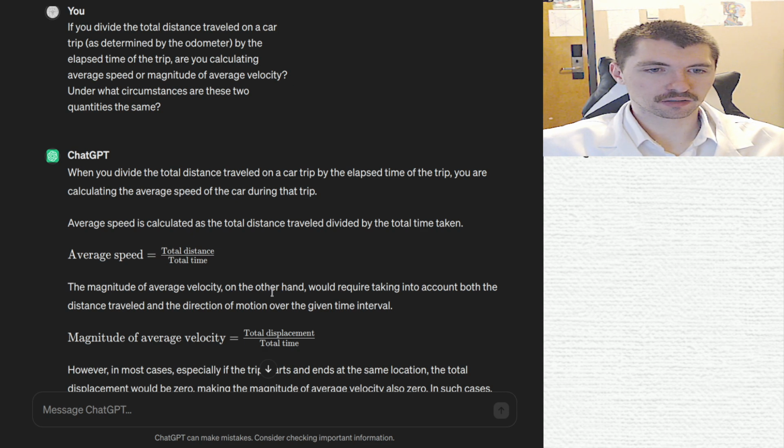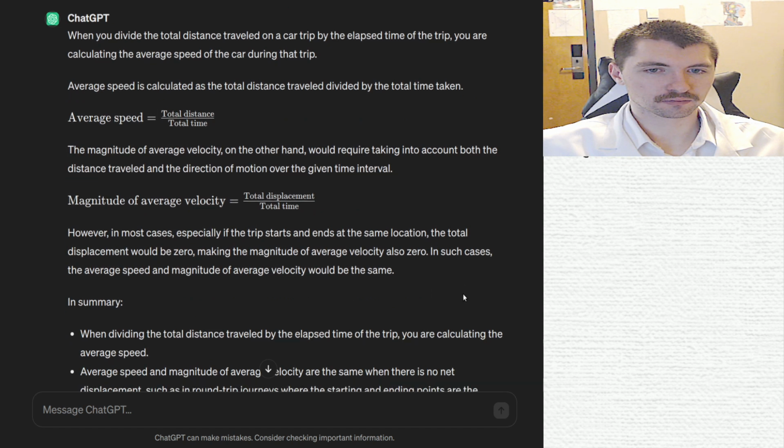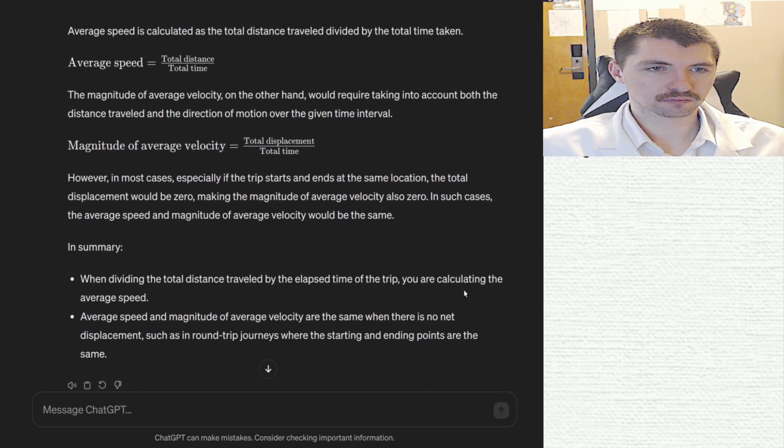Magnitude, total displacement over time. So I'm thinking displacement is like delta x. It's like x minus x naught.